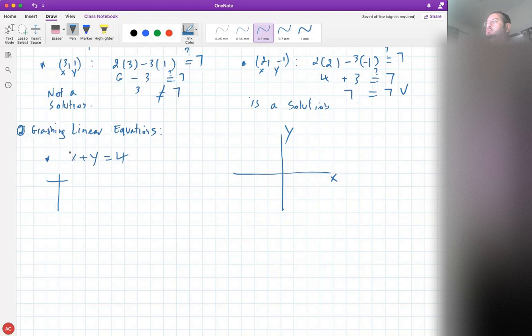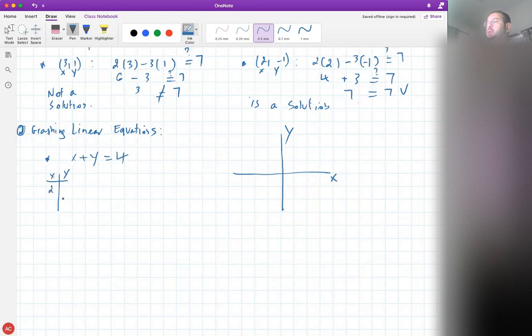You can choose some values here and find the other value. You can either choose x and find y or the other one. So I'm going to make a table basically with a few x and y values. For example, we're going to suppose x is 2. Then we're going to find what the y is.